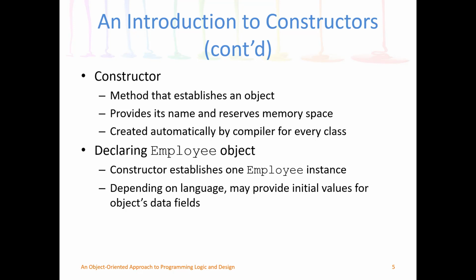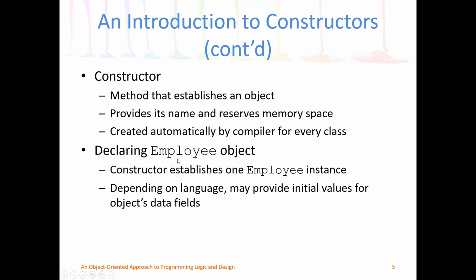For the most part, a constructor is created automatically by the compiler for every class. You don't have to create it. However, most of the time you will. But if you don't, it's automatically created for you. And how do we do a constructor? Well, first off, we want to declare an employee object.